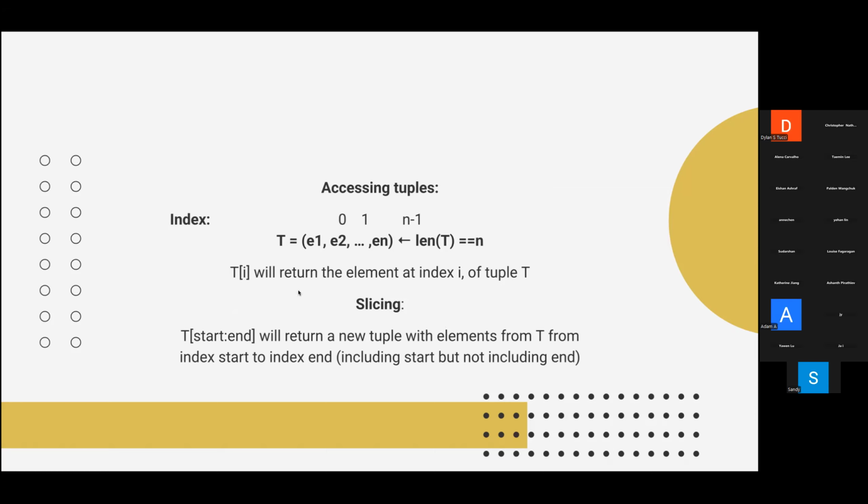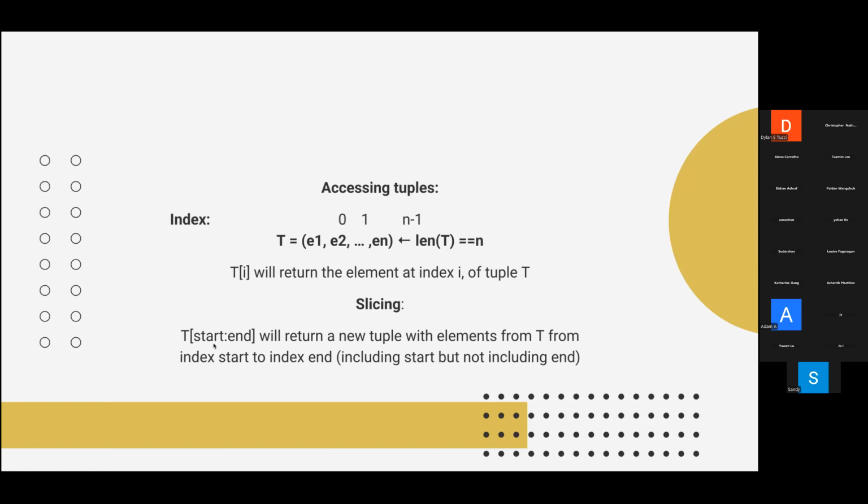So as it states here, t[i] will return the element at index i of the tuple t. It's the same logic as it is for lists, so that makes it a lot easier for us. And similarly with slicing, for a list, slicing returns a new list, which is a sublist of the original list.